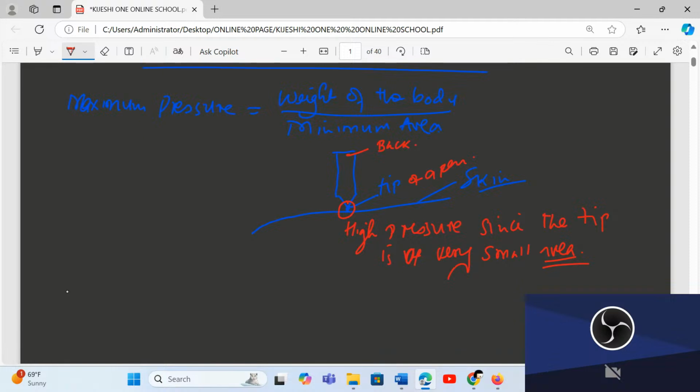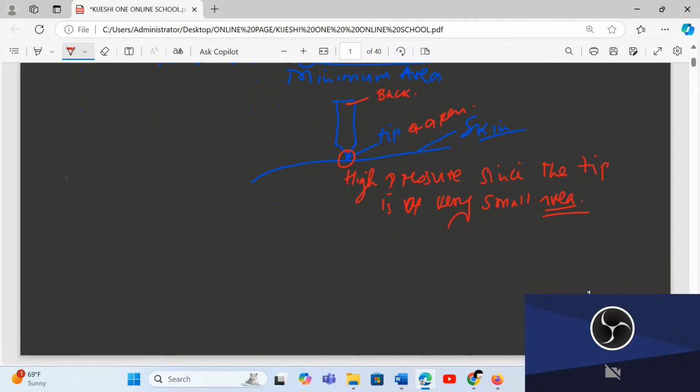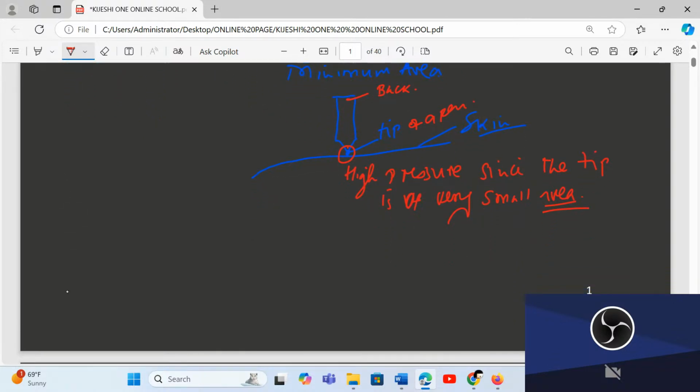Unlike if you press the back, suppose now we have it like this, this is still the skin, and now you have the pen's back.